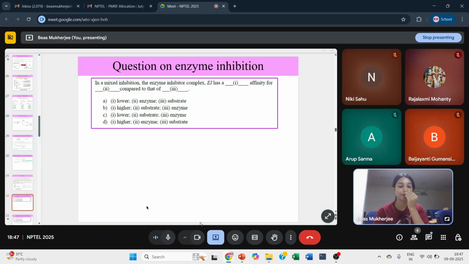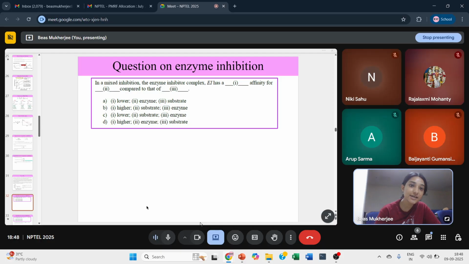Okay. Try to answer this question. In a mixed inhibition, the enzyme inhibitor complex EI has a number 1 dash affinity for dash compared to that of dash. So higher affinity, lower affinity for enzyme or substrate compared to enzyme or substrate.